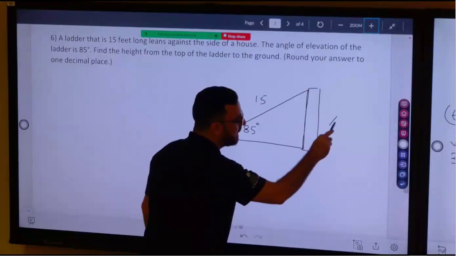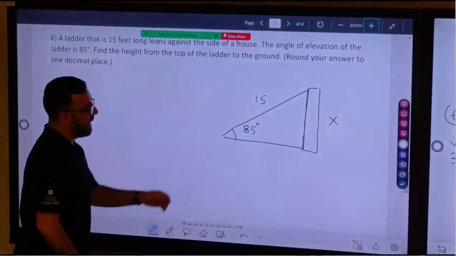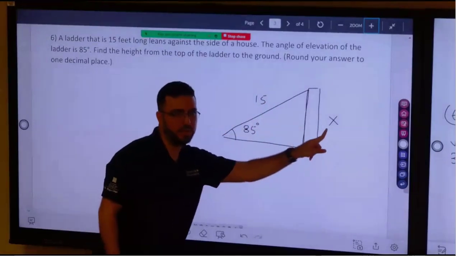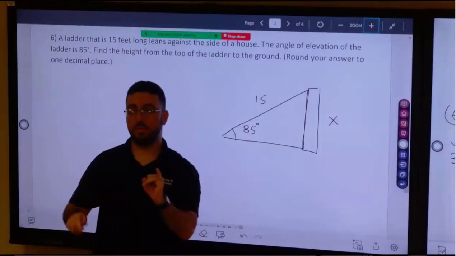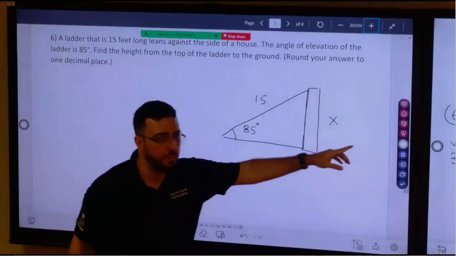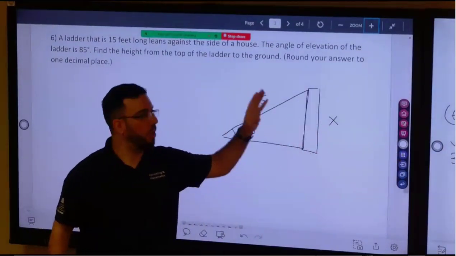I'm gonna say this side is X. I have 15. I have the angle. And I need to find the third side. Every time you have an angle and one side, you're going to use one of the trig ratios.